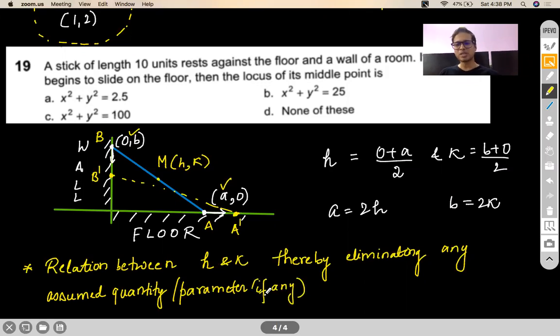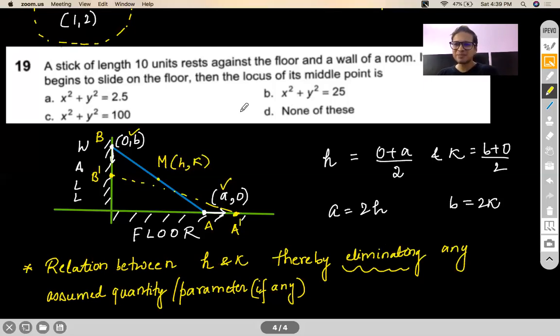Okay, so whatever you have assumed to solve it, let's say if at all you have assumed. So I'm not saying every time you'll be assuming something to solve it. Okay, don't get me wrong. If let's say you have assumed something to solve that given question, for example, here small a and small b were something which I assumed to solve my question, I have to eliminate them. That means they should not appear in my final answer. So you can see the options. Does any option talk about A and B?